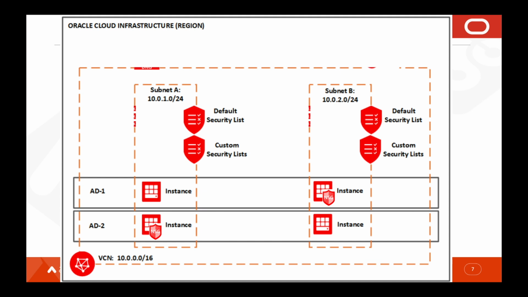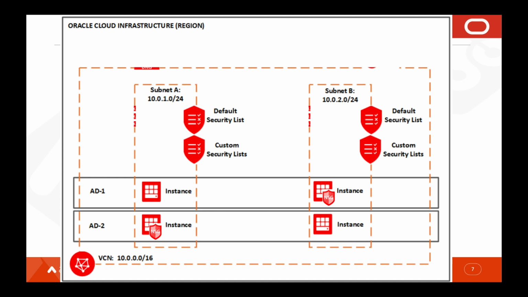So as I said, security list applies at the subnet level. So all of the instances in that subnet would follow the same configuration. If you want some more granular control for the instance or group of instances, but not the entire subnet, you have the concept of network security group, NSG.